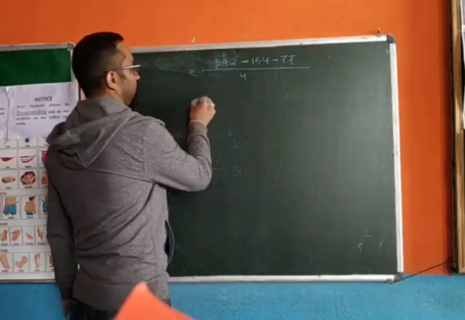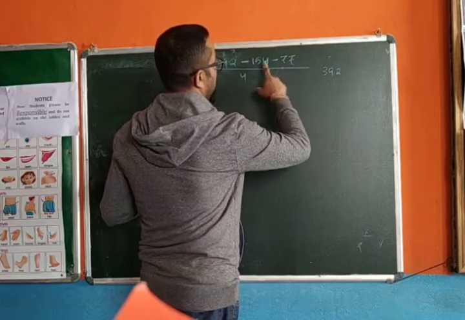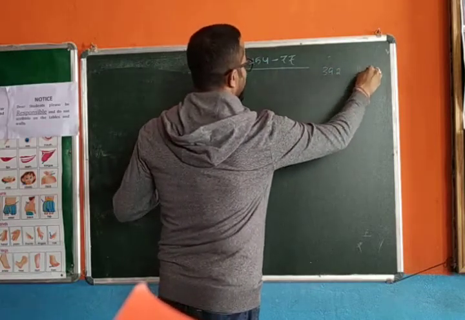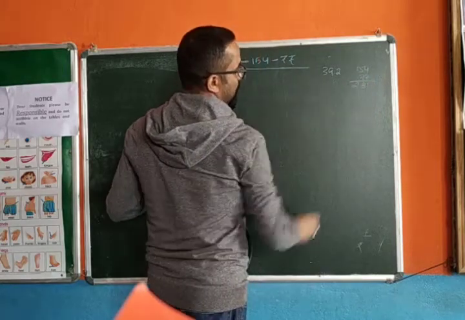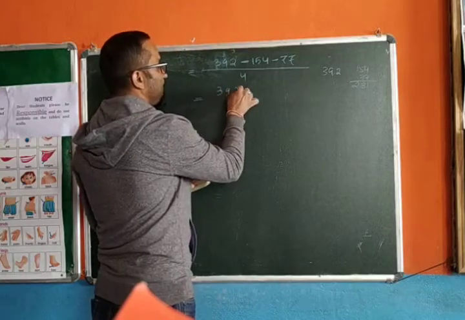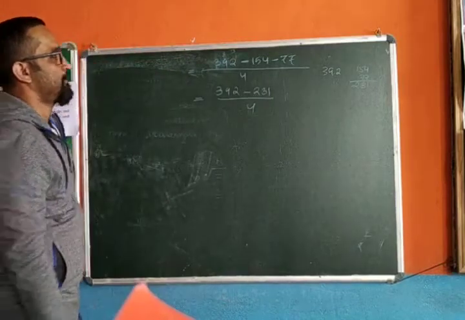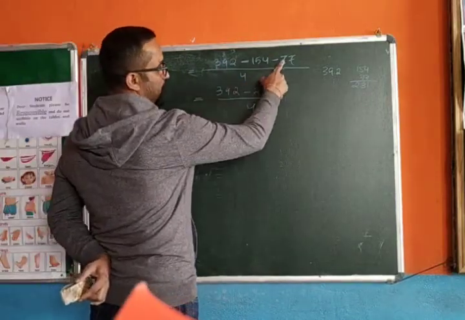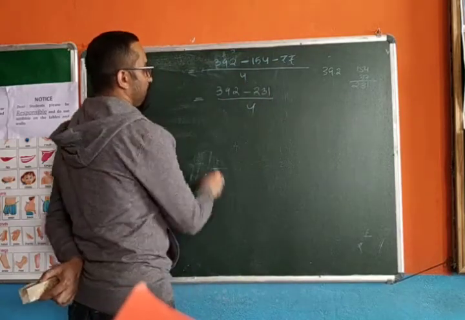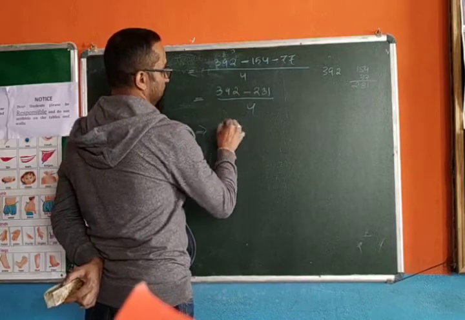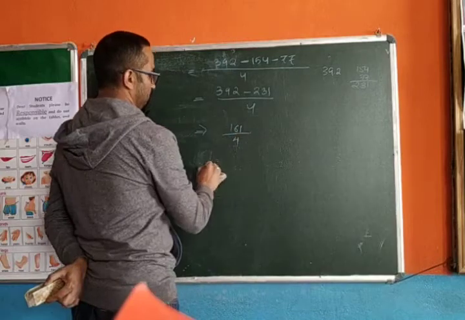Subtract. 392 minus, add these two first, 154 and 77, that is 231. 392 minus 231 divided by 4. 392 minus 231 is 161, divided by 4.